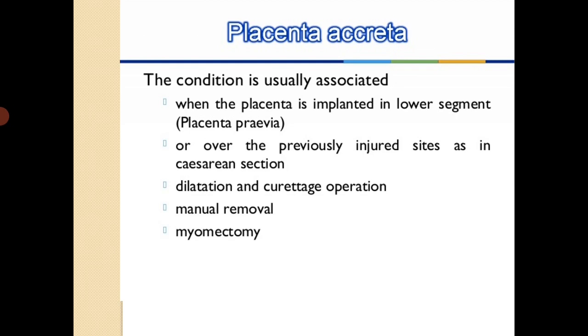Then dilatation and curettage operation, manual removal of placenta if taken place before, and myomectomy, that is the removal of myometrium. If there is an absence of myometrium, in that case the placenta will erode into the perimetrium.